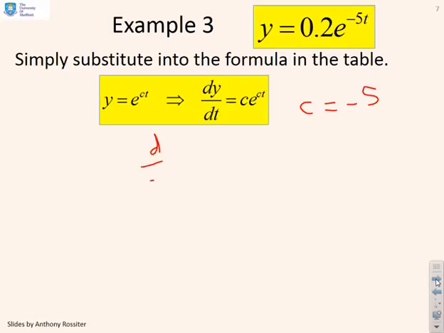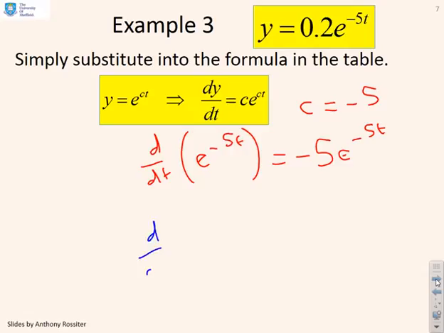So d/dt of e to the minus 5t is going to be minus 5 e to the minus 5t, but obviously what I've got is d/dt of 0.2 e to the minus 5t, so if I add that 0.2 in, I'm going to end up with minus 1 e to the minus 5t.